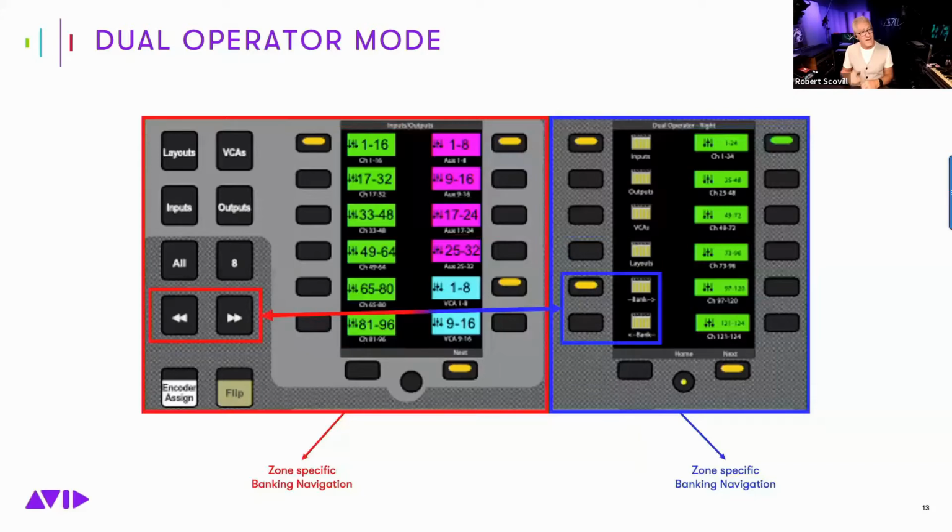So if you have a layout up, remember, as I said, all 48 faders in a layout are available to both users. So even though that right-side user only has 16 faders up, he's still got access to 48 channels of layout. Using banking, he can address any of those other channels in the layout as needed as well. Okay, hope that's making sense to you guys.